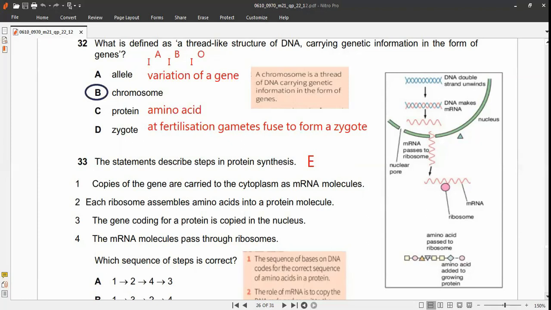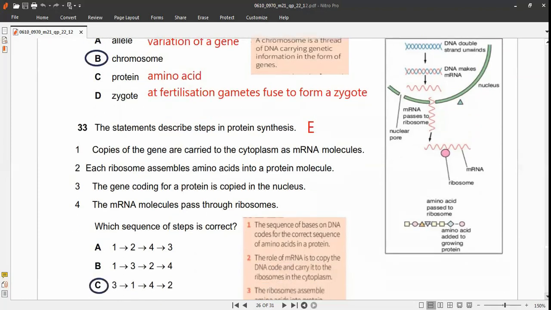Which sequence of steps is correct? Okay, let's see the first step. The sequence of bases on DNA codes for the correct sequence of amino acids in a protein. So the first step here is number 3, the gene coding for a protein is copied in the nucleus.